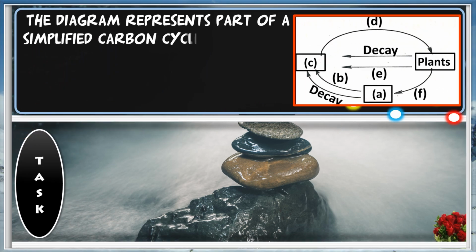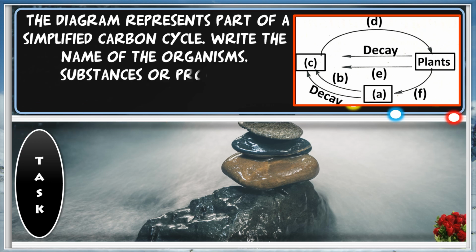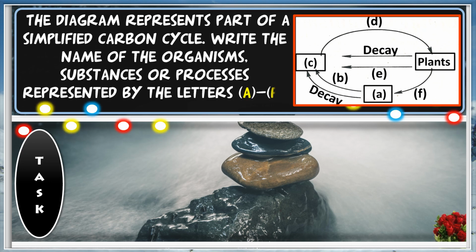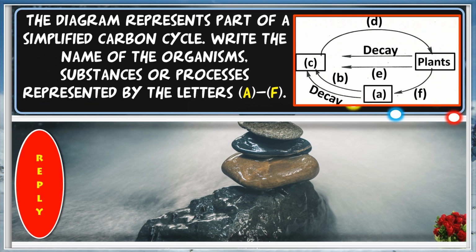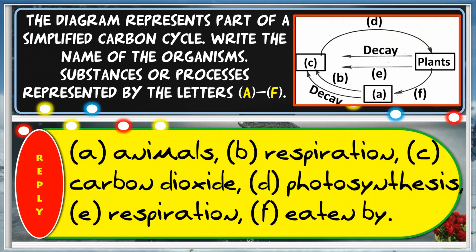The diagram represents part of a simplified carbon cycle. Write the name of the organisms, substances, or processes represented by the letters A to F. A, that is animals.